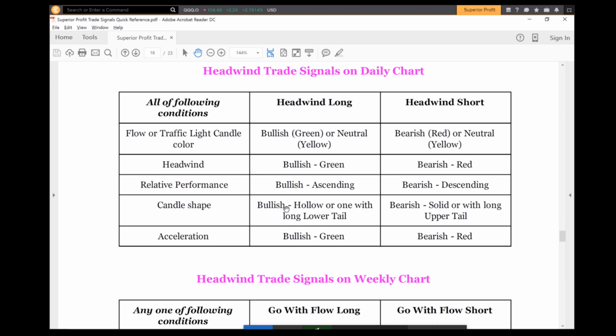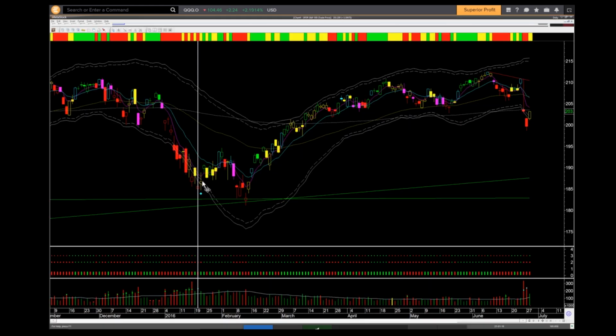Candle shape for that day has to be bullish, hollow, or one with long lower tail. Now in this case it is hollow, but we cannot say it is exactly bullish. We can say it is an indecisive candle because it had a long upper tail as well as a long lower tail, meaning during the day somebody tried to push price down.